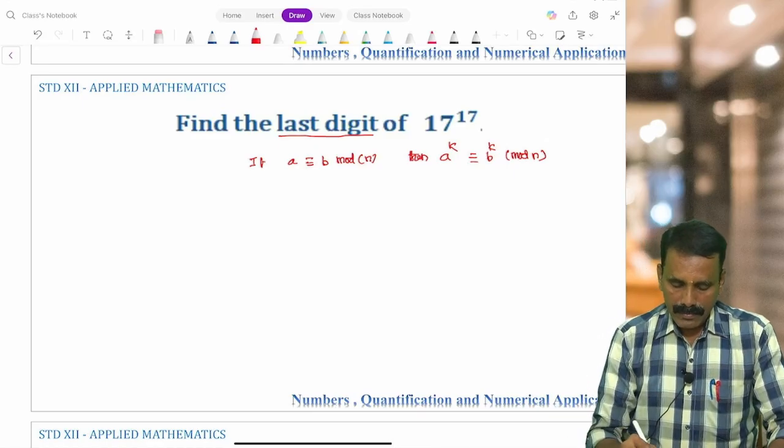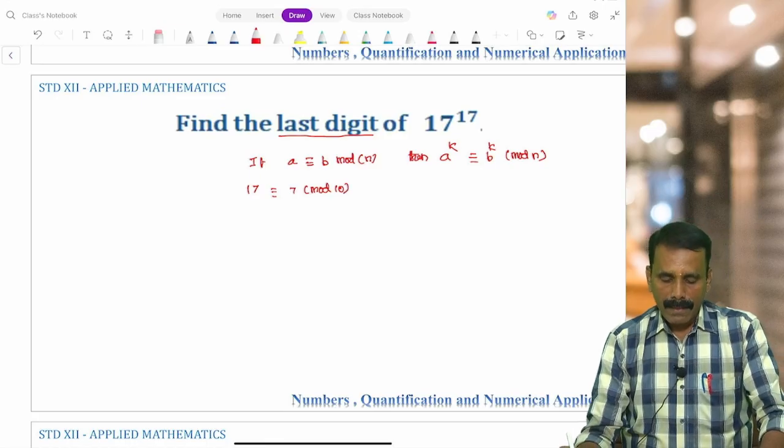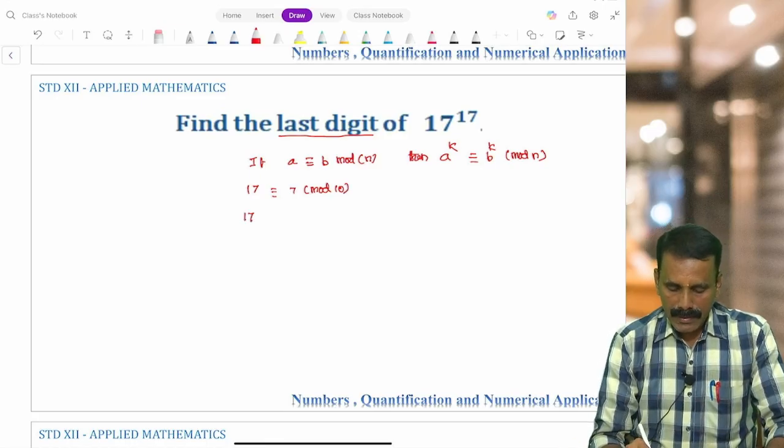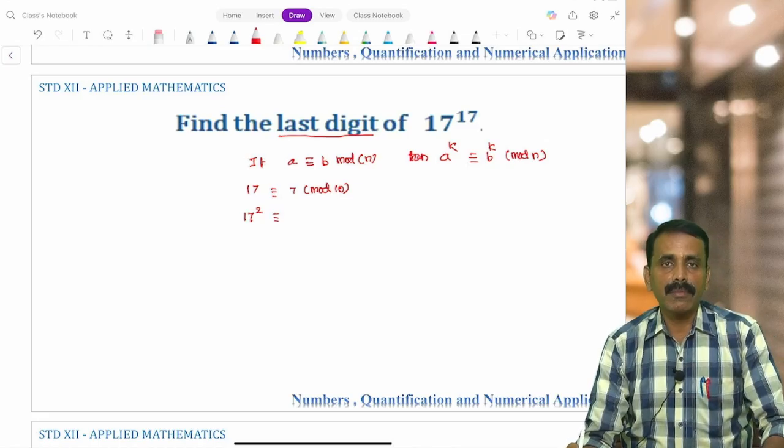Now, 17 is congruent to 7 mod 10. Why is 17 congruent to 7 mod 10?